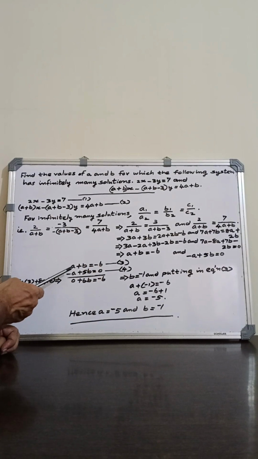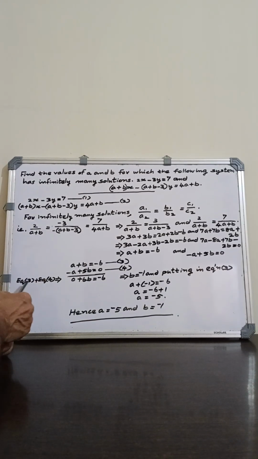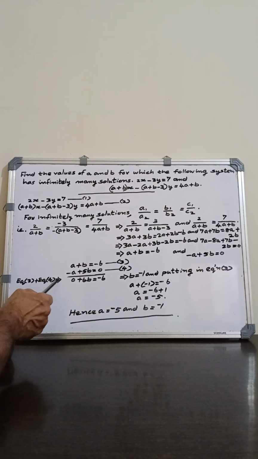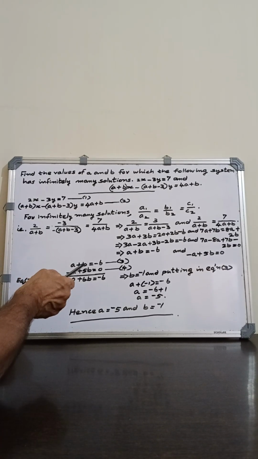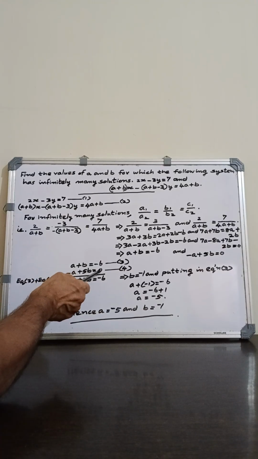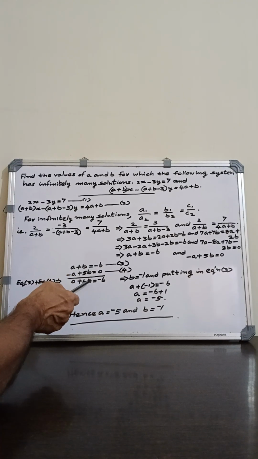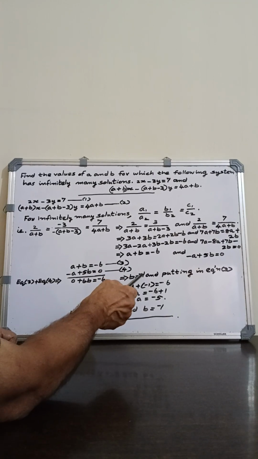We can just add them. Why? Because of plus a and minus a, it is very easy to solve. Therefore, equation 3 plus equation 4 gives a minus a equals 0, b plus 5b equals 6b, equals minus 6 plus 0, that is minus 6. Therefore, b equals minus 6 by 6, that is minus 1.